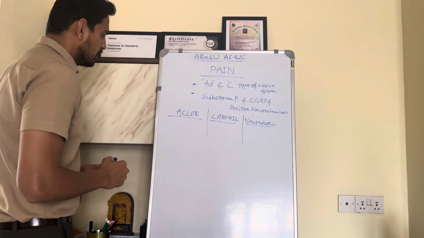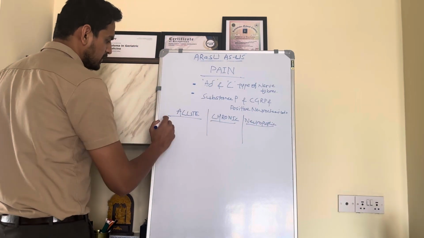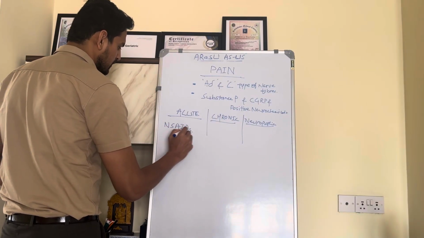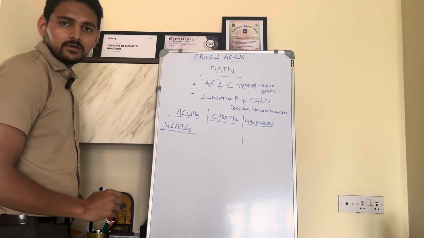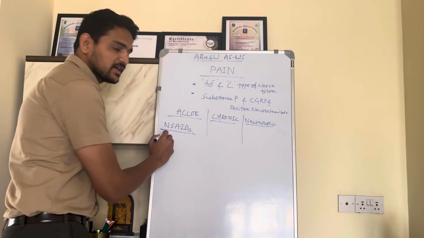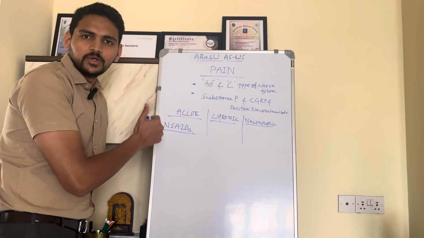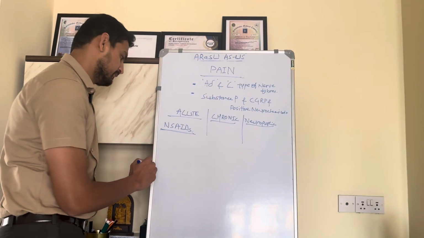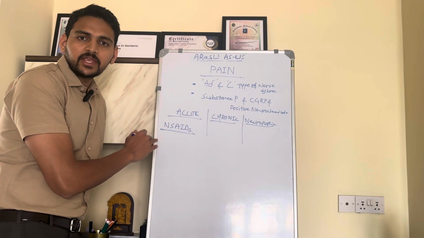And for acute pain management, we know that we can utilize NSAIDs. The clinical importance of these NSAIDs is that they are very good medications in controlling pain as well as reducing inflammation, except for paracetamol, acetaminophen. So we can utilize them in acute pain management.